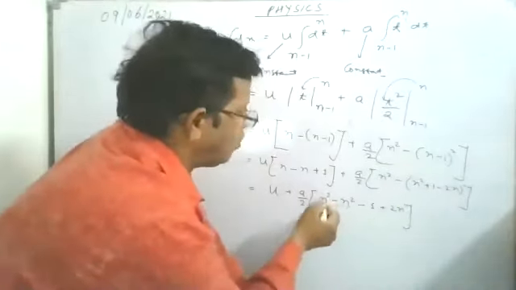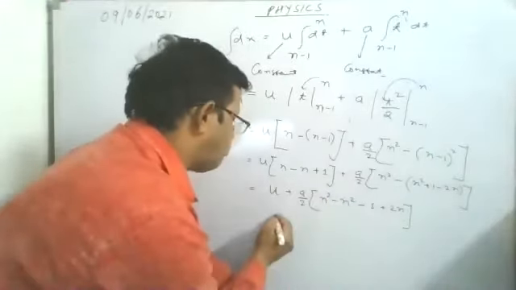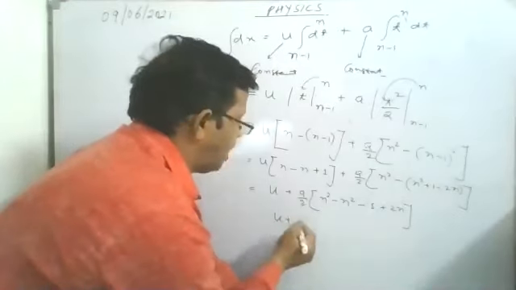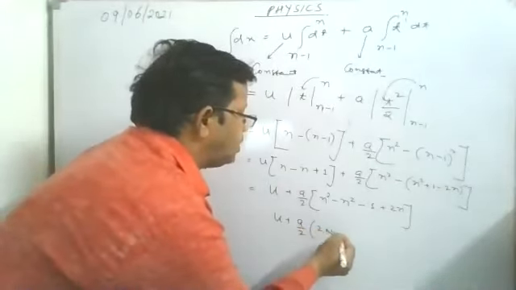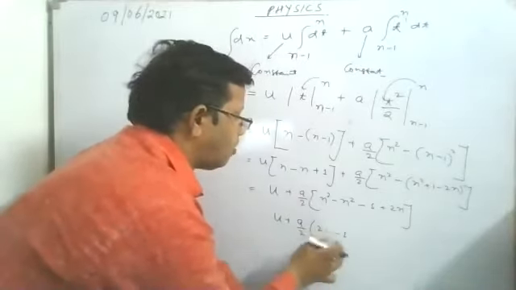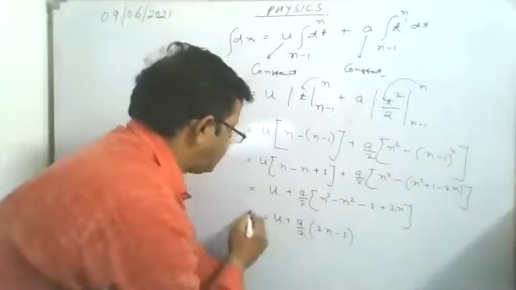So n square minus n square will be 0, and 2n minus 1. So the formula will be u plus a by 2 into 2n minus 1. This is the formula of distance traveled by a body during nth second.